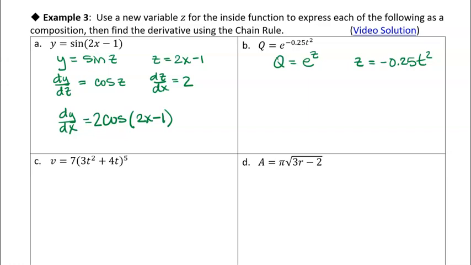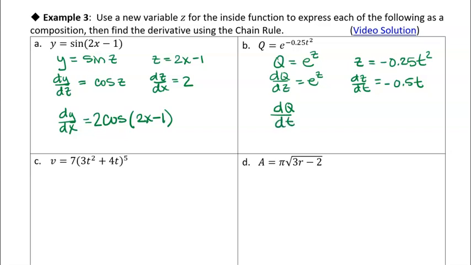Take the derivative of each one. dq/dz is just e to the z, and dz/dt is, bring down the 2 and multiply by the constant that's already there, so I get 0.5, and then subtract 1 from the power, so negative 0.5 t. Now we're going to multiply those together to get dq/dt.